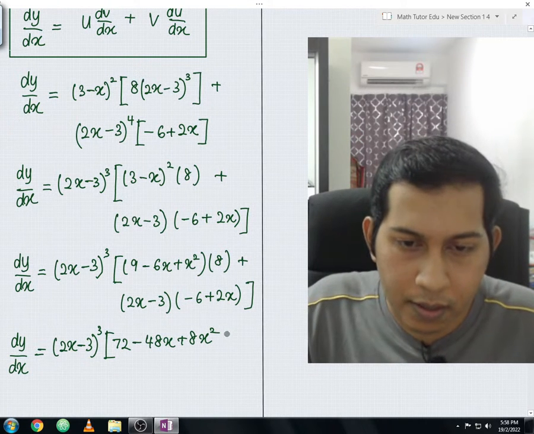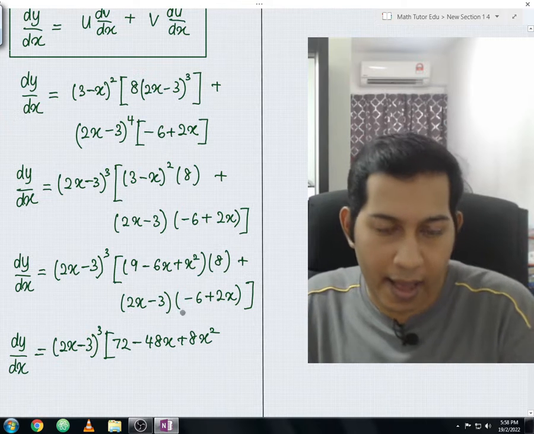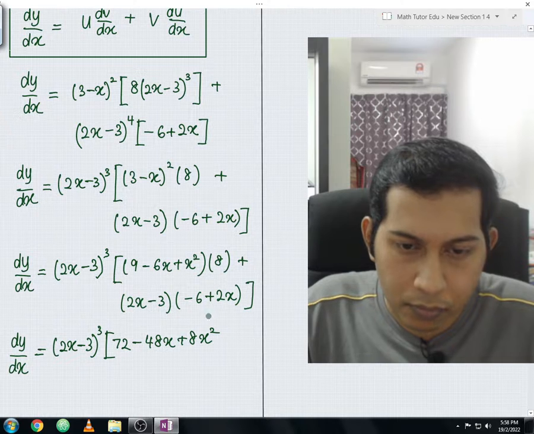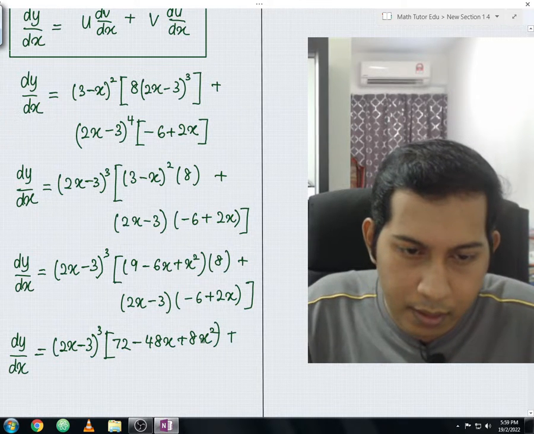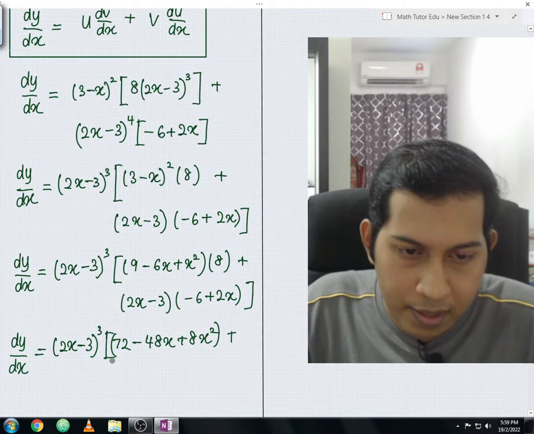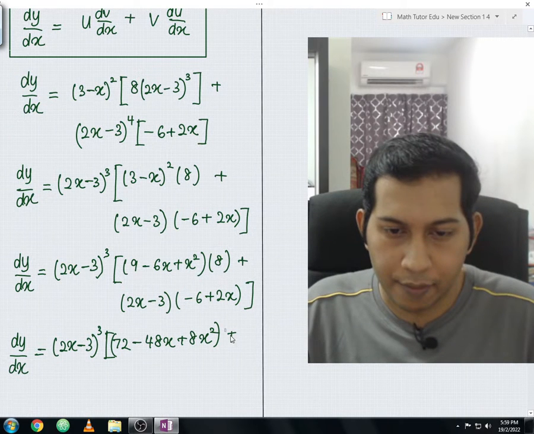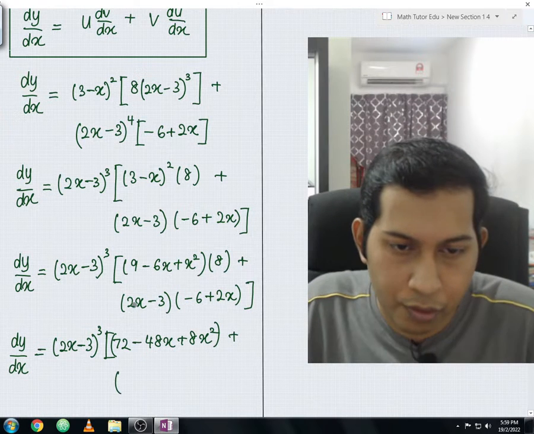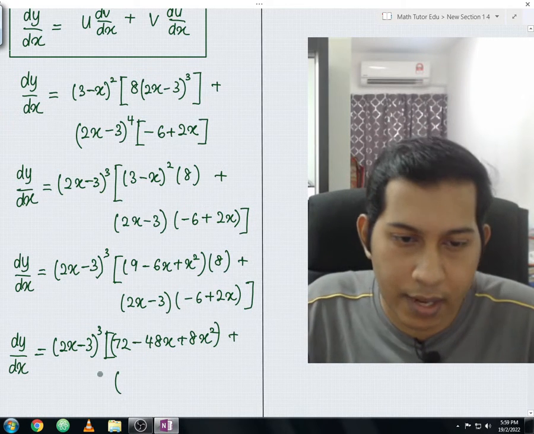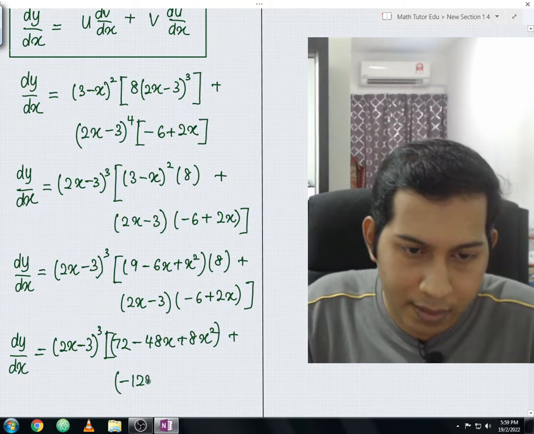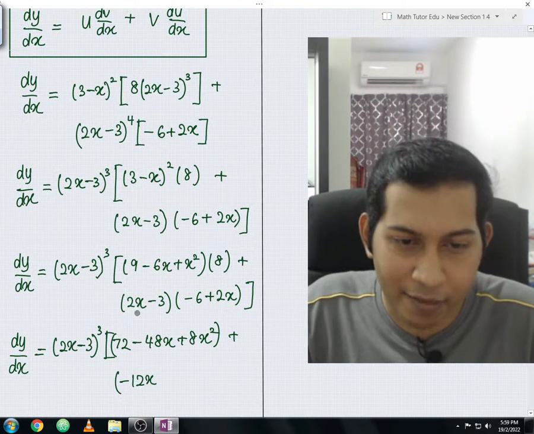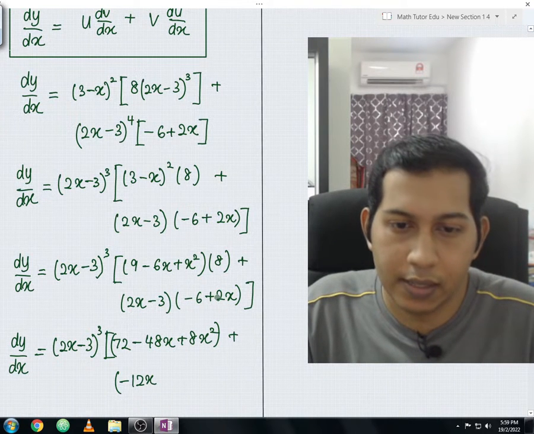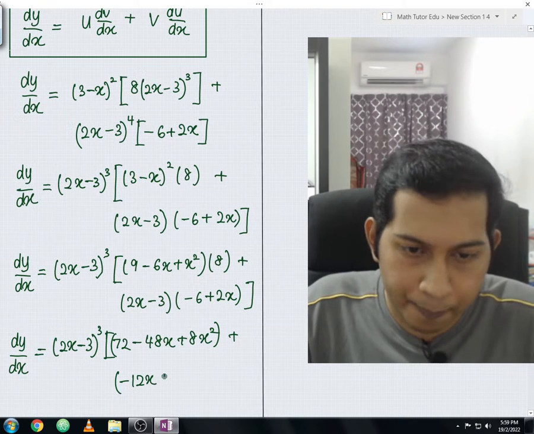So this expansion, you need to do it one by one. So let me separate this in a bracket form. Plus with, so 2x times with negative 6, so from here you get negative 12x. So 2x you times with 2x, so from here you get 4x square.